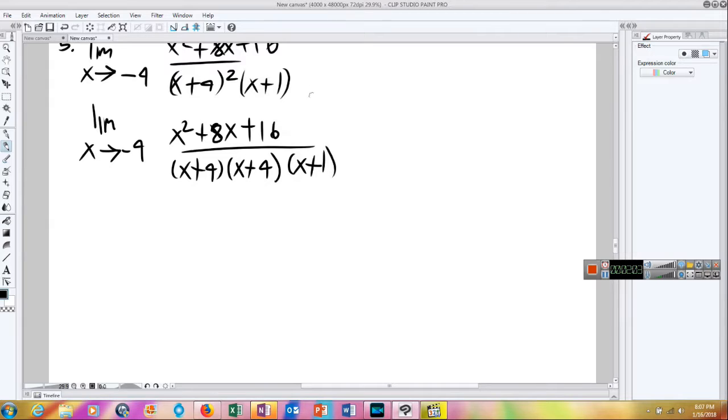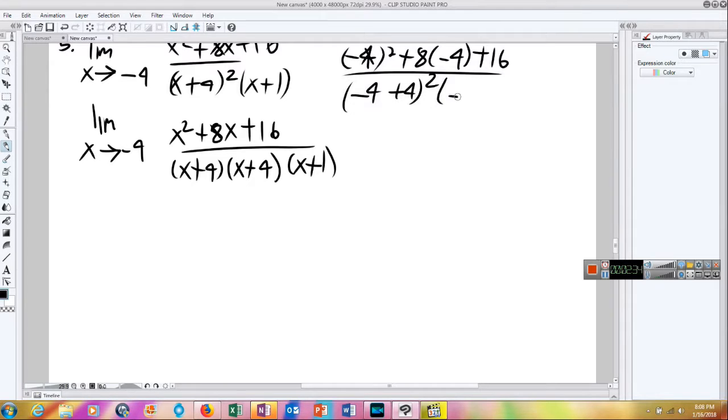Before we continue, let me show you how it would have worked out normally. If we replace x with -4, we get (-4) squared plus 8(-4) plus 16, divided by (-4 plus 4) squared times (-4 plus 1).